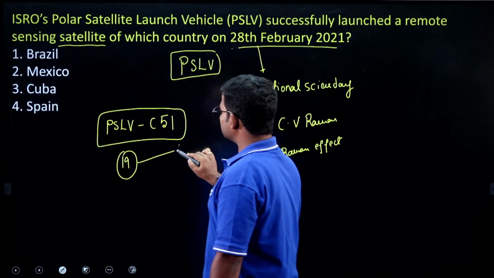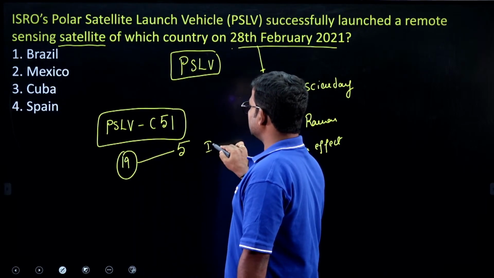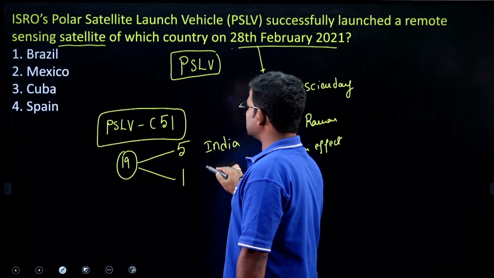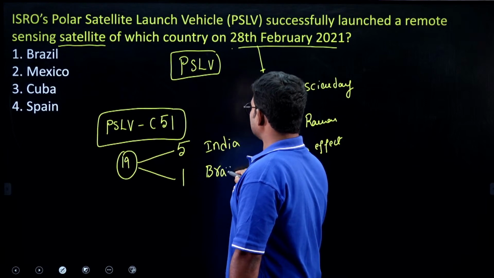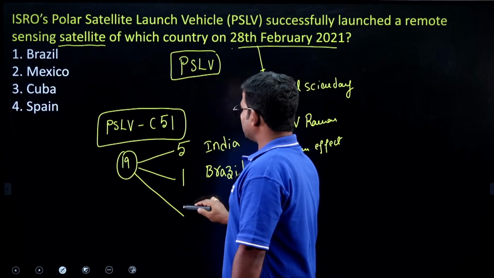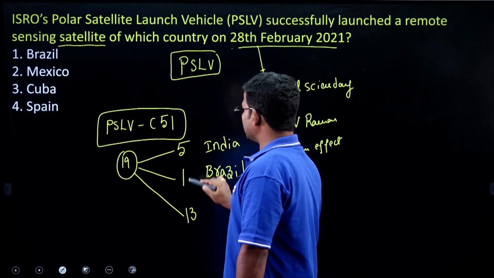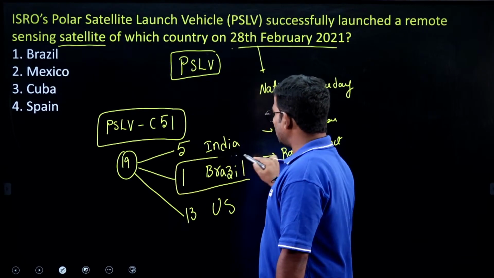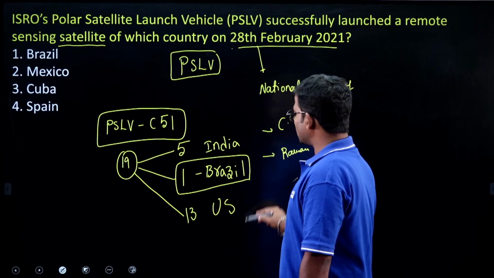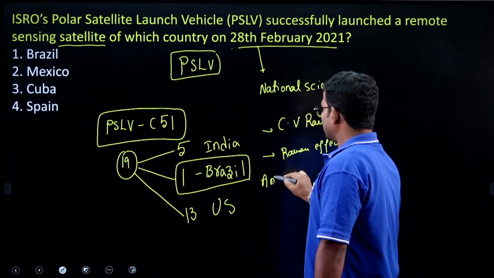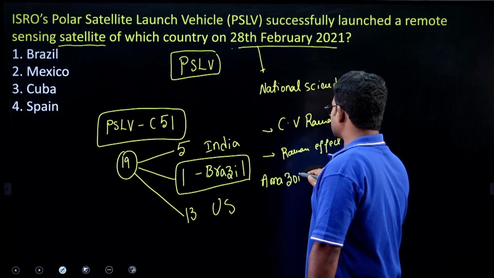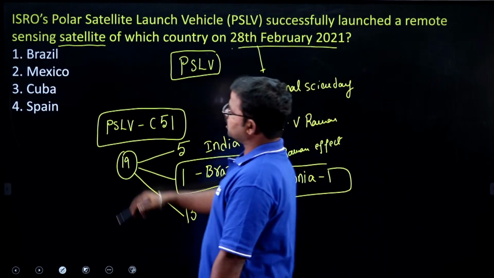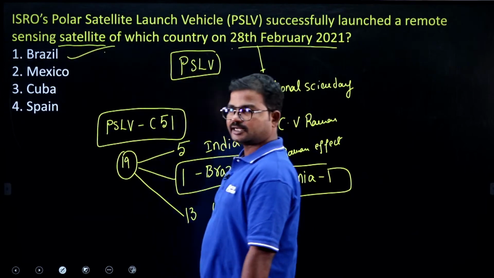Of these 19 payloads, 5 are related to India, 1 payload is related to Brazil, and the remaining 13 payloads are related to the US. The name of the Brazil payload is Amazonia 1. So the answer is option 1. Option 1 is the right answer.